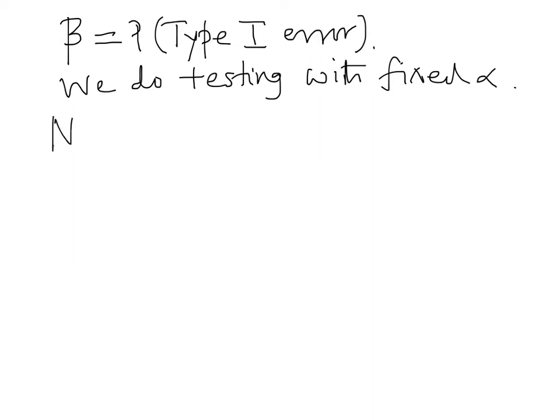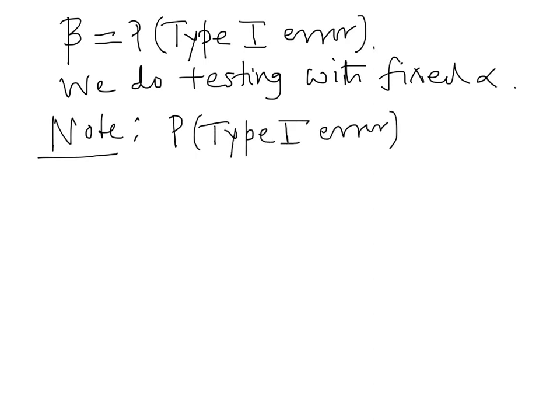Now, very important thing, in some situations, when you formulate null and alternative H naught and HA, you have to keep in mind probability of type 1 error. Or rather, just the type 1 error is more serious.